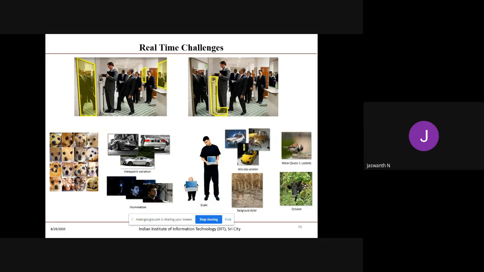Say, for instance, illumination, especially in the space of autonomous driving for night vision assistance, it is highly challenging to understand the scene in night driving scenarios because of the high reflection of beams from the opposite end from the HMVs, that is, heavy motor vehicles, etc. Next, another typical challenge in the space of autonomous driving is occlusion.